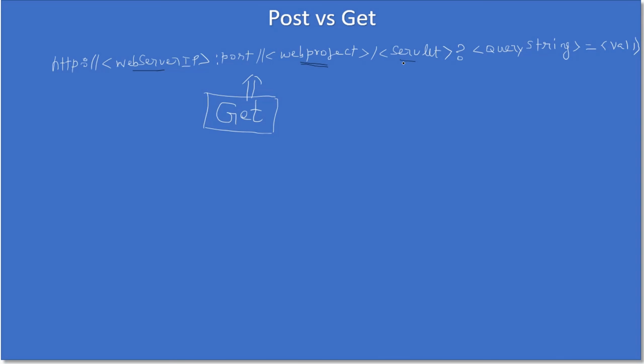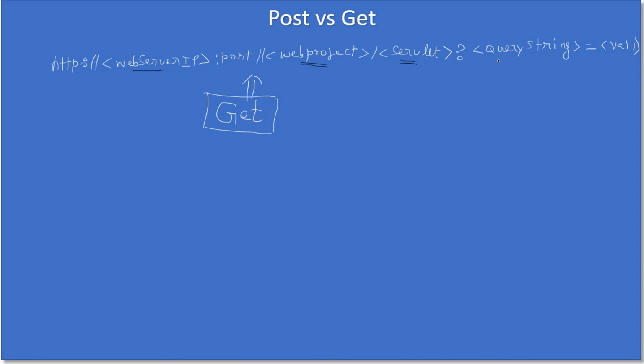After that, the actual servlet. This identifies where our servlet is. The servlet is in this web project, and this web project is running on this web server, and the HTML form can reach this web server by using this communication port, and after that it knows which project it needs to contact, then which servlet in that particular project.